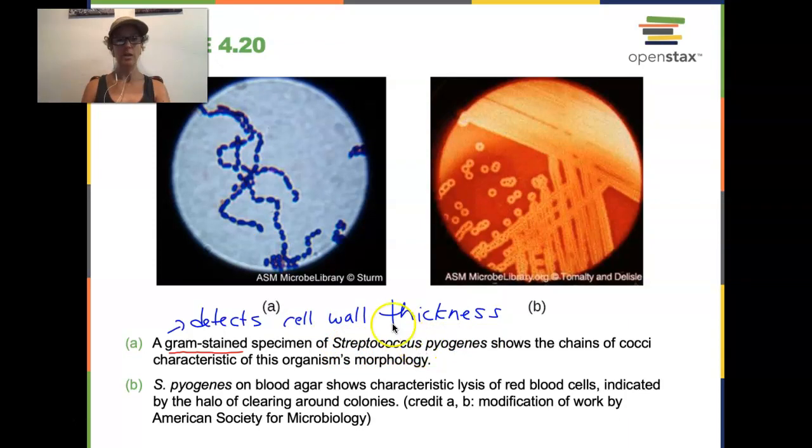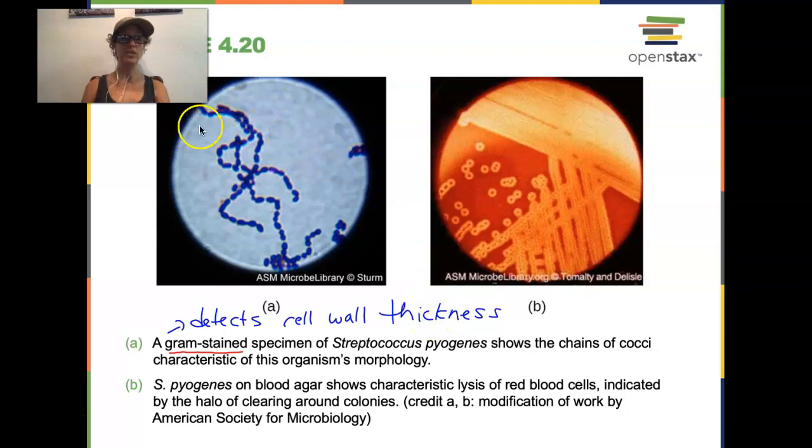So coccus, the individual cells are round, and strepto, the arrangement of the cells, is in chains. Pyogenes means it generates fire, generates fever. It's a fever-causing streptococcus. It's also the organism that causes strep throat.